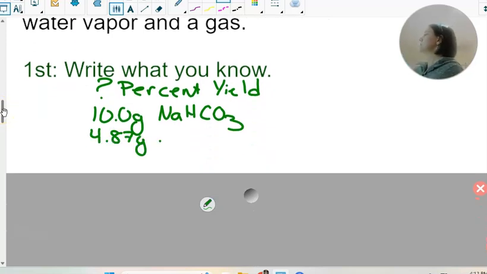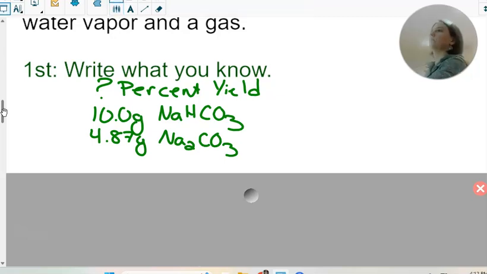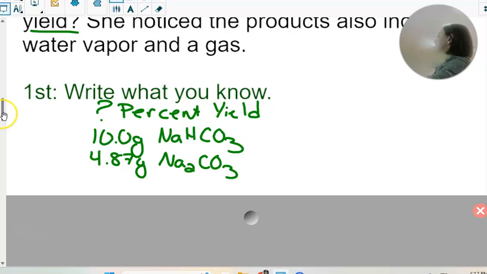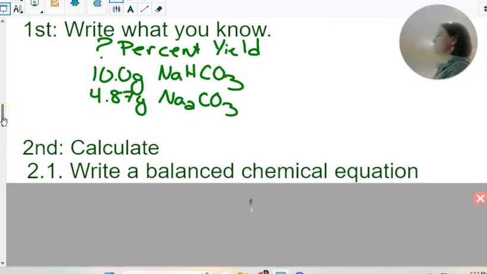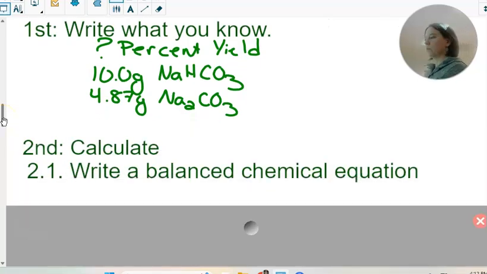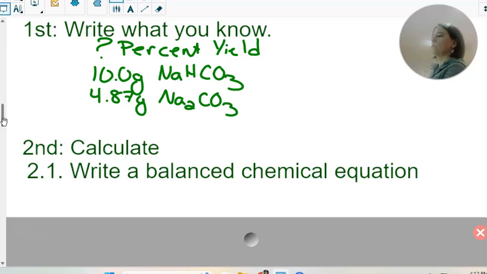You have to come up with the formula for sodium carbonate. Remember, carbonate is one of our polyatomic ions, and it's -2. And then sodium is +1, so we're going to need 2 of those. So Na2CO3. Then we're going to need to write a balanced chemical equation. So you want to figure out what the balanced chemical equation is.